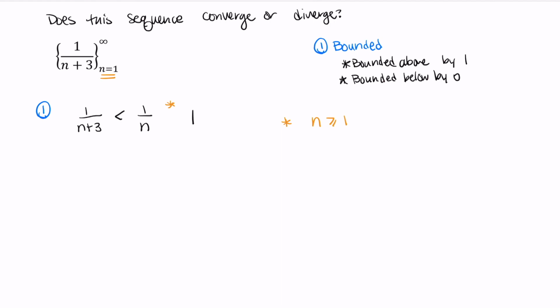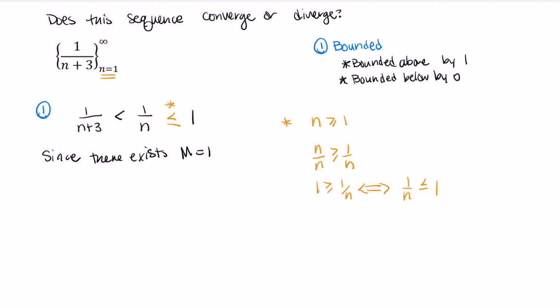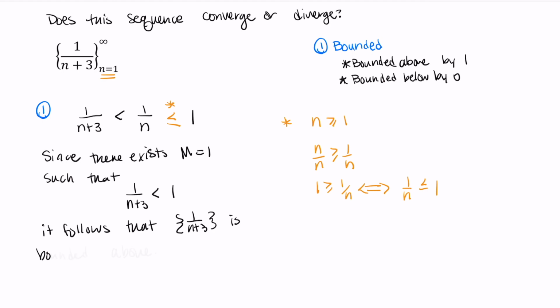It follows that if we divide both sides by n, we get 1 is greater than or equal to 1 over n, which I can rewrite now as 1 over n is less than or equal to 1. Since there exists M equal to 1 in this case, such that 1 over n plus 3 is always less than 1, it follows that this sequence is bounded above.